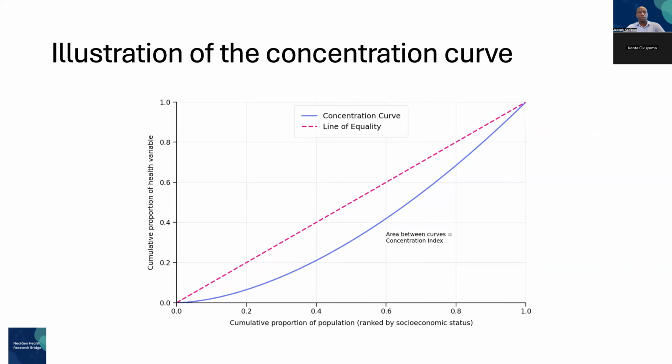That's why we have the x-axis showing the cumulative proportion of the population, which is ranked by the socioeconomic status using a variable of choice. And on the y-axis, we have the cumulative proportion of the health variable, which could be, for example, specific cause mortality, it could be immunization, it could be anything that is of interest to the study.